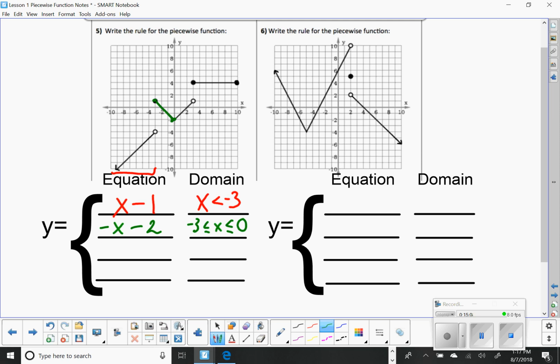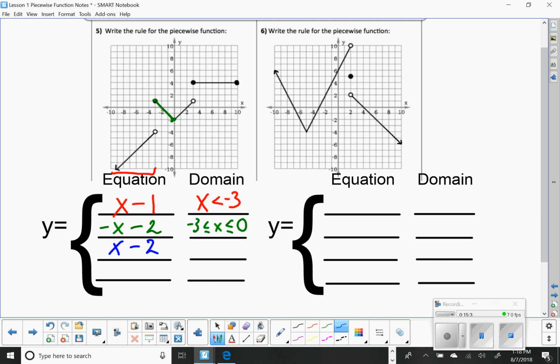This next one over here has a positive slope. It's crossing at -2. And where is it going?